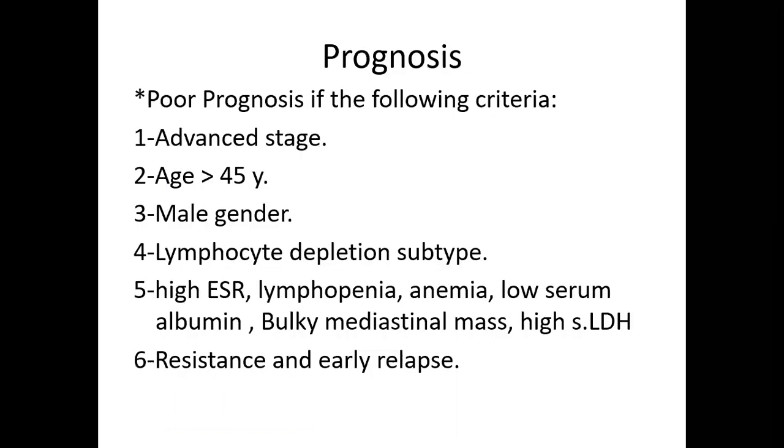The prognosis: there are certain factors that indicate a poor prognosis in the patient, like advanced stage, patients with more than 45 years of age, males, they do worse with the Hodgkin disease, lymphocyte depletion subtype, and the presence of high ESR, severe lymphopenia, anemia, low serum albumin, bulky mediastinal mass, and high serum LDH.